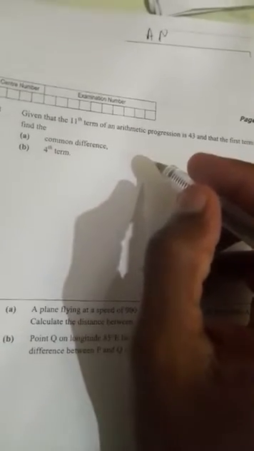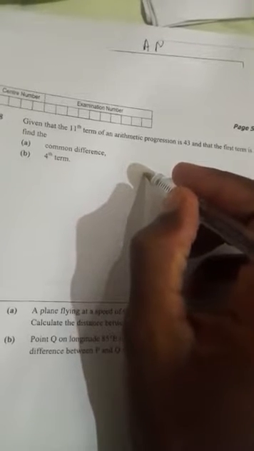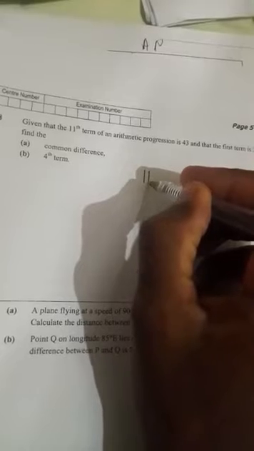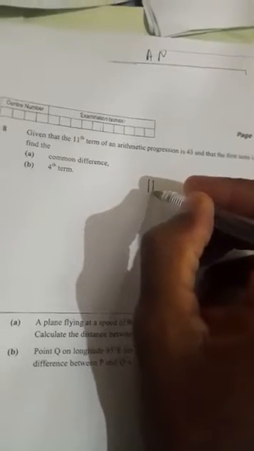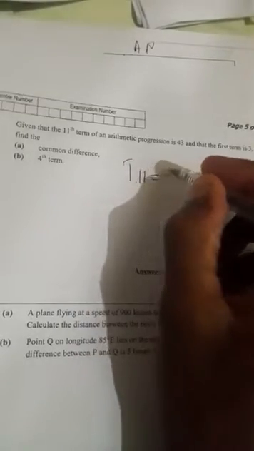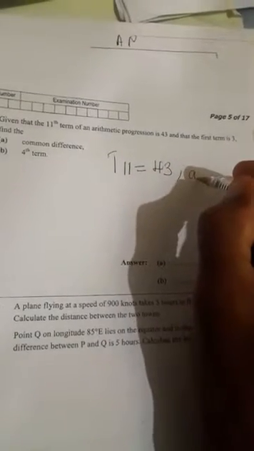They have said the 11th term, term number 11, is equal to 43. Then the first term is equal to 3.